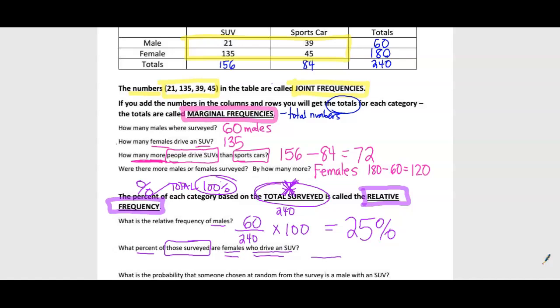So I'm going to write what you should have written now. This should be 135 over 240 times 100. So in your calculator, remember you're taking 135 divided by 240 times 100. You're rounding to the nearest percent, so you should have 56%.